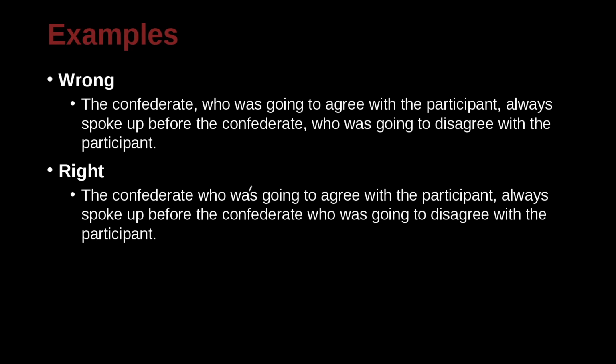The confederate who was going to agree with the participant always spoke up before the confederate who was going to disagree with the participant. So here our difference is the comma here, and then we have the comma up here, which is the same. So the question again is: is this an independent or dependent clause?